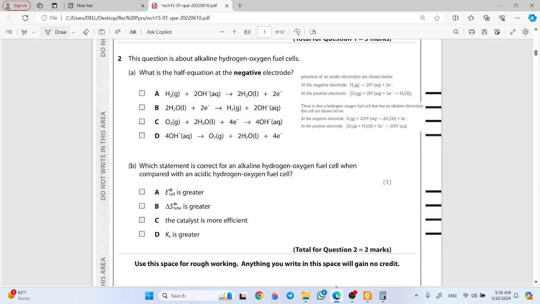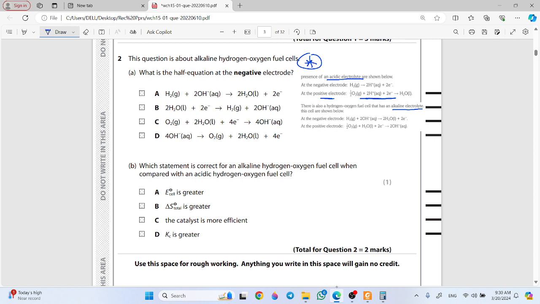Now in this fuel cell, normally they ask you have to learn by heart both the equations in acidic condition and in alkaline condition. Both of them are in the textbook, please refer to them, right? So in acidic condition, the difference is hydrogen oxidizes forming H plus ions, and at the positive electrode it's something like this, oxygen.